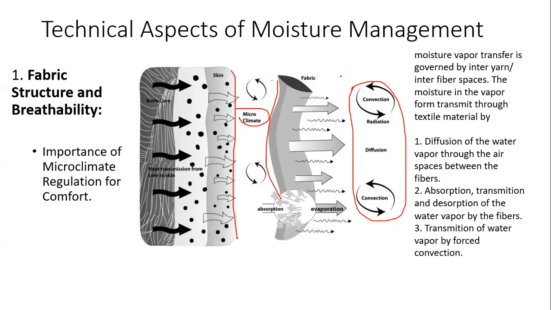Sometimes you may have heard about microdenier fibers, very small fibers compared to the macrofibers. Why have people looked into microdenier fibers? Because you can have yarns made from very tiny microdenier fibers. Why do they perform well in moisture vapor transfer?